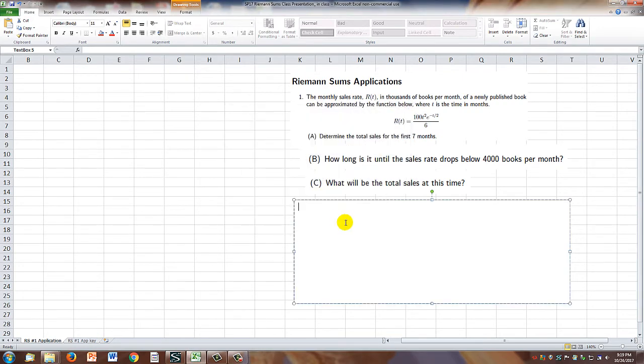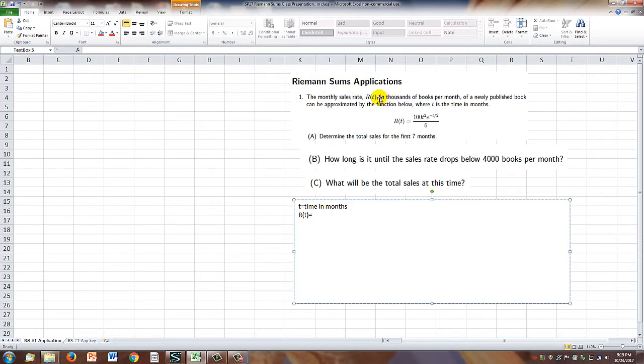So T is my input, and it is time in months. And then R of T is, there's no prime there, so you don't know that that's a derivative by the notation. I told you that was going to happen sometimes. R of T is a sales rate. This is an instantaneous rate of change. The fact that it has rate right here is your first hint.